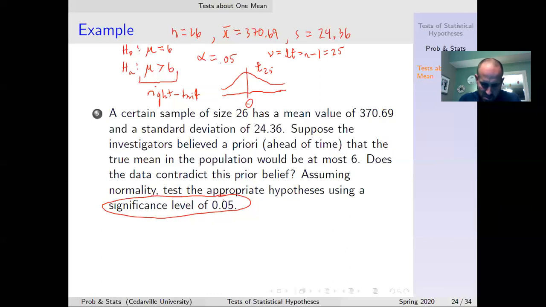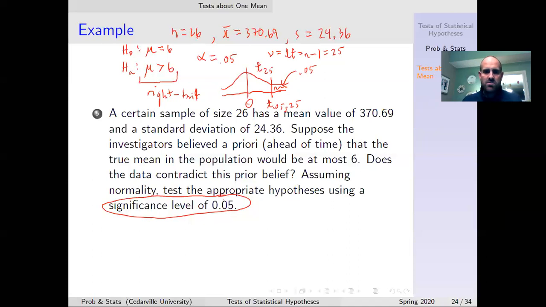Here I'm going to put all the alpha in the right tail, and I'm only going to reject if I'm too big, if I get up here too far. This is t sub alpha, 0.05 in one tail, comma, 25. How much percentage is below this? 95%, so there's 5% above it.